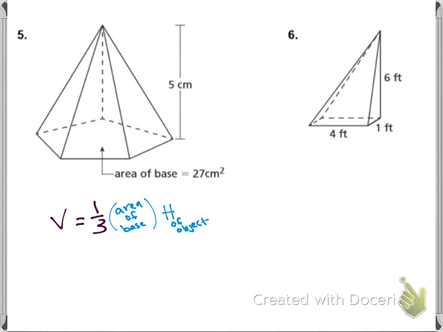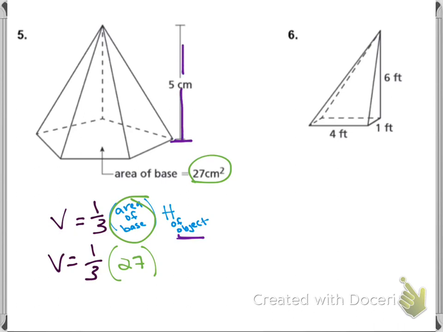This next one, we're just continuing through area of the base. This one's actually easier. It looks harder, but the area of the base was given to us, and it's 27. And then the height of the entire object. If you see, they gave this bracket. That's the height.